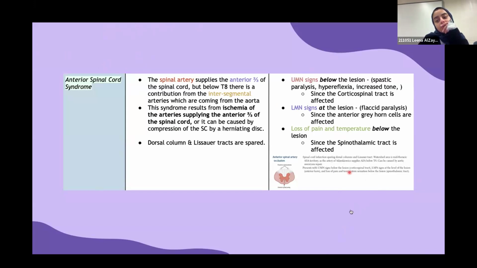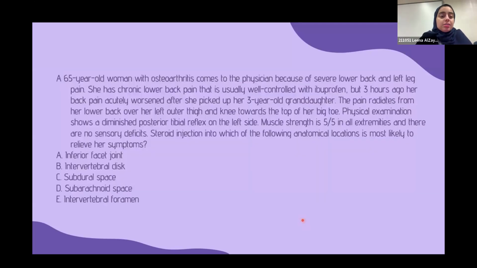A 65-year-old with osteoarthritis comes to the physician because of severe lower back pain and pain in the left leg. She has chronic lower back pain that is usually well controlled by ibuprofen. 3 hours ago, her pain got worse when she picked up her 3-year-old granddaughter.